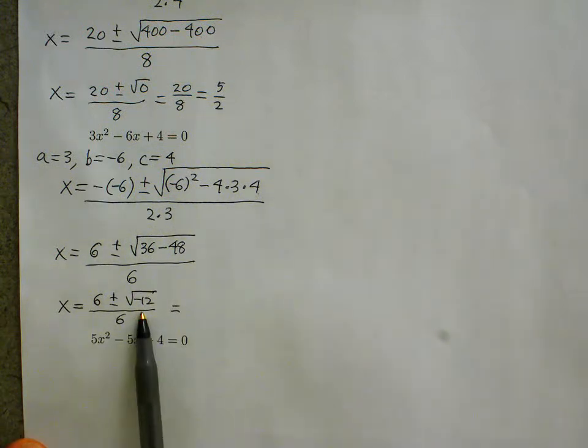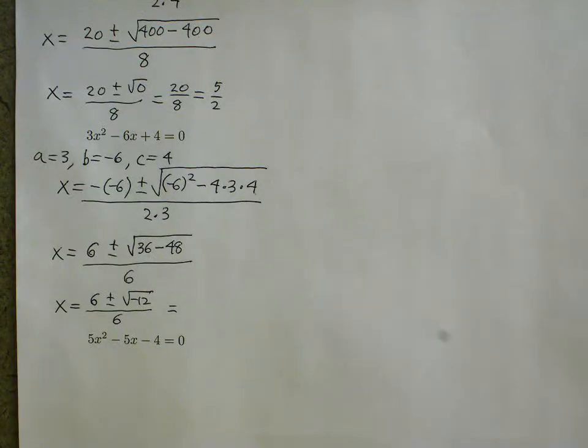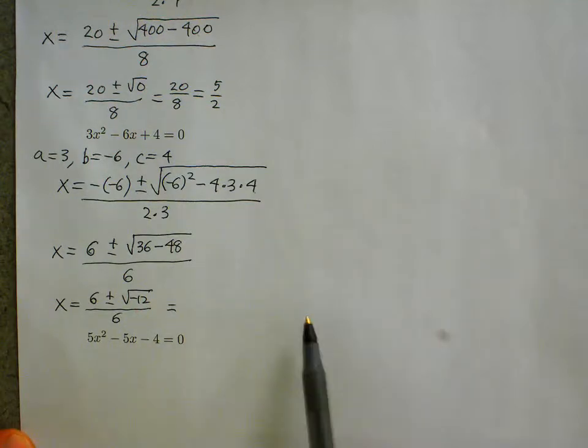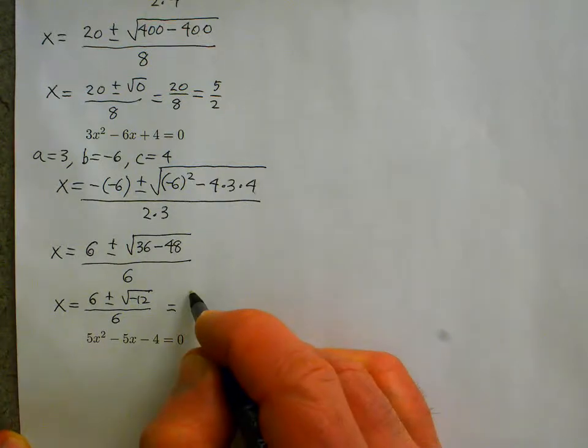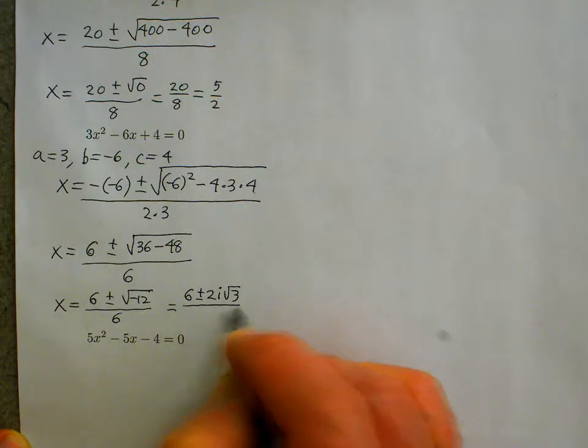To simplify the square root of negative 12, think of that as the square root of 12 times the square root of negative 1. The square root of 12 is 2 times the square root of 3, and then we multiply by i. So this is 6 plus and minus 2 times i times the square root of 3 divided by 6.